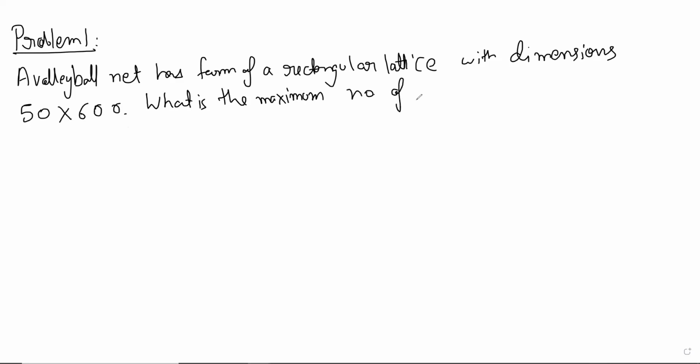What's the maximum number of unit strings? Unit strings, you can understand, are the smallest pieces. What's the maximum number of unit strings that can break before the net falls apart?